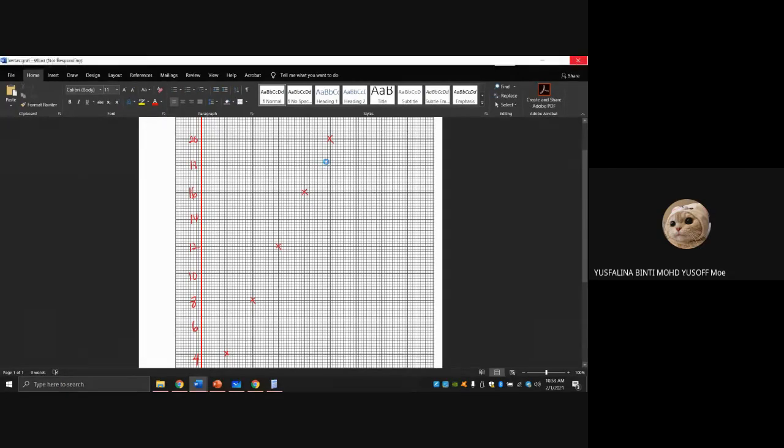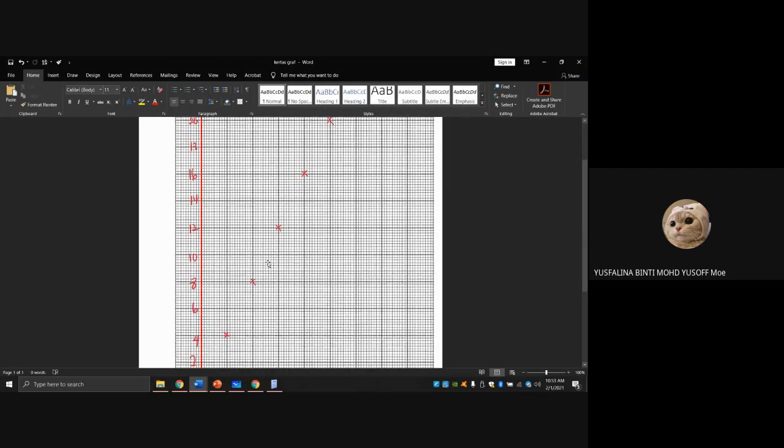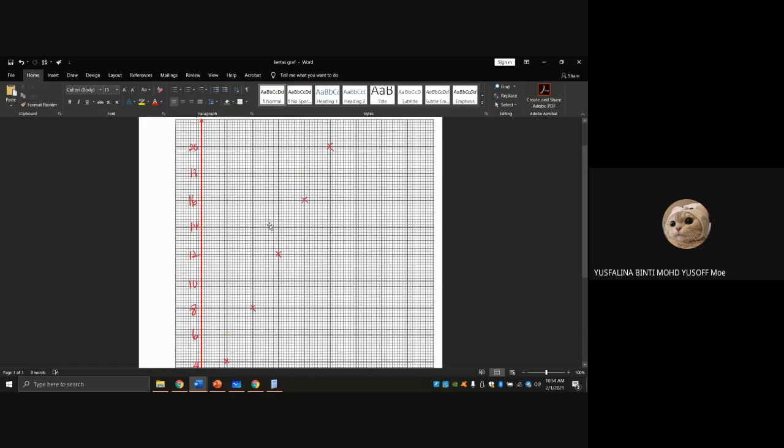A double line is a wrong graph. You have to draw a smooth line, and your pencil must be sharp. In my opinion, better you use a mechanical pencil. It must be a sharp and straight line.